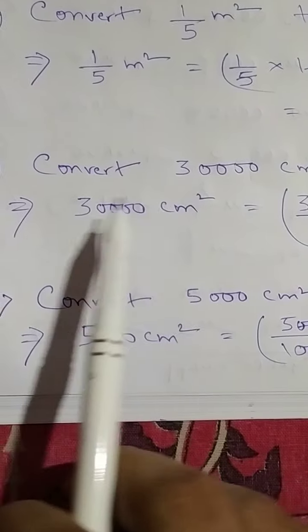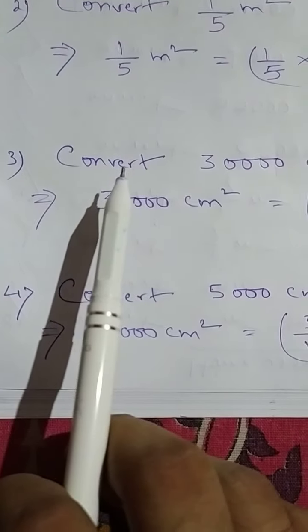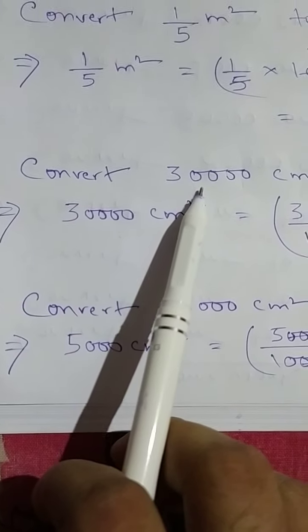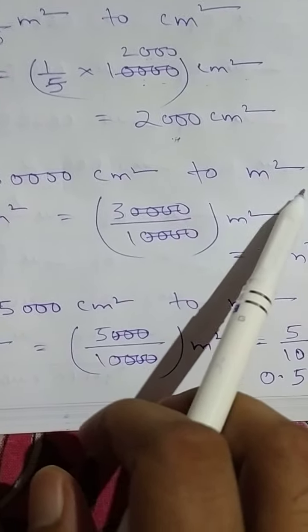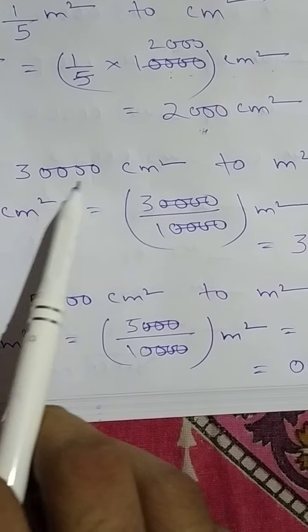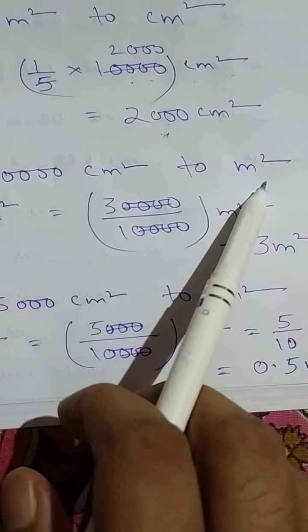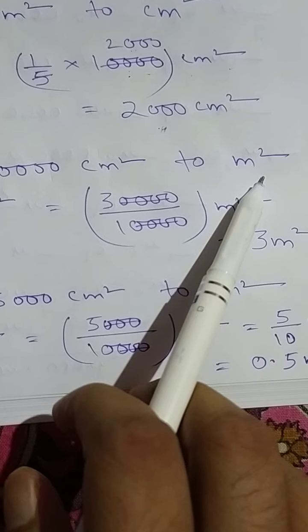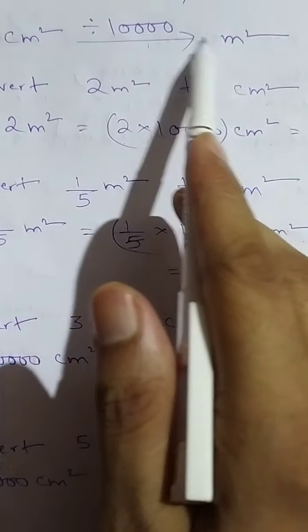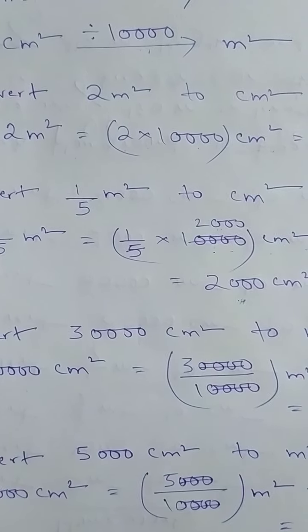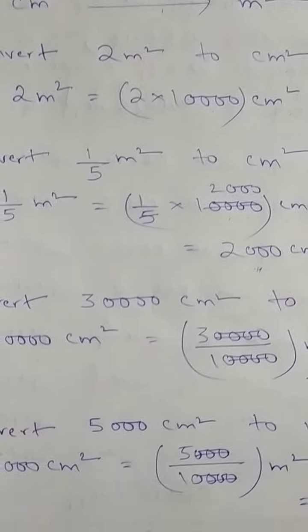Next one. Number 3. Convert 30,000 centimeters square to meters square. Now the reverse. Now centimeter square is given, you have to convert to meter square. So what is the rule? From centimeter square to meter square, you have to divide by 10,000.